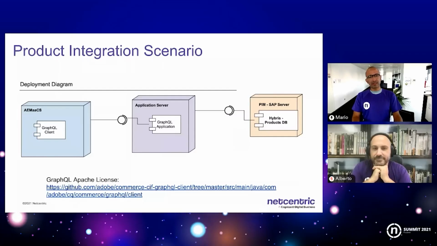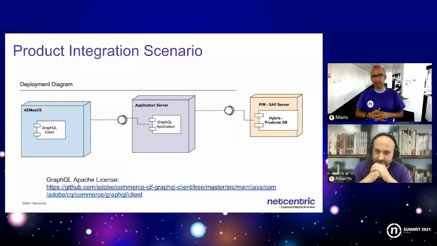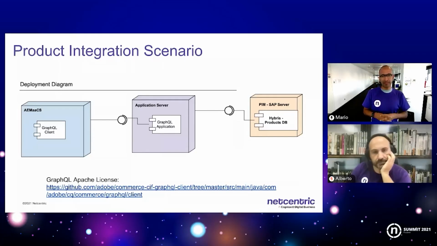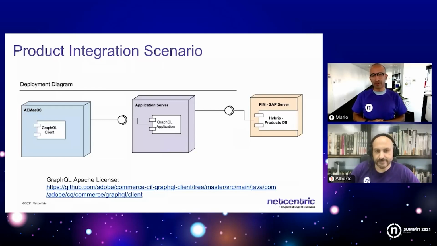The PIM offers an interface to a middleware that hosts the GraphQL application. It's another key part of the architecture because it allows you in the query to select which properties you want. If you are in a country in which you have 20 attributes, or if you are in another country where you have 200, you can configure that in the GraphQL client. This is a very powerful feature that Andreas Haller suggested to us.